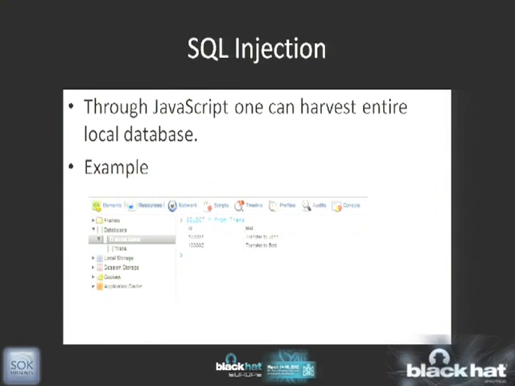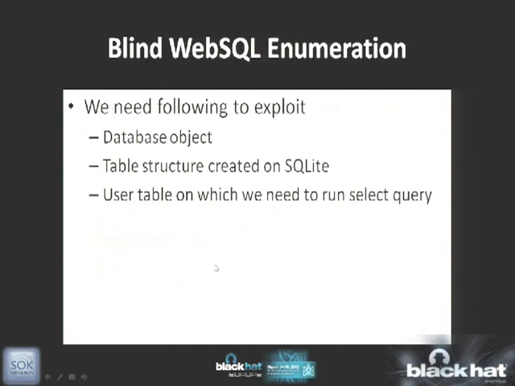So over here, for example, if an application is giving you a database and transactions and so on, you can run a select query and then extract the transactions. Say you have a point where you want to do a Web SQL extraction. We need the following exploit.